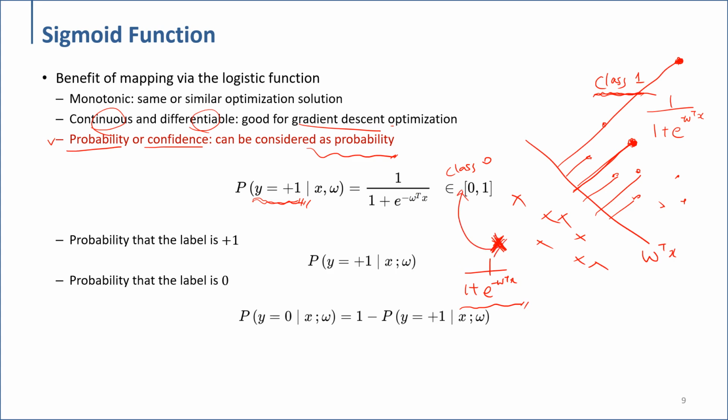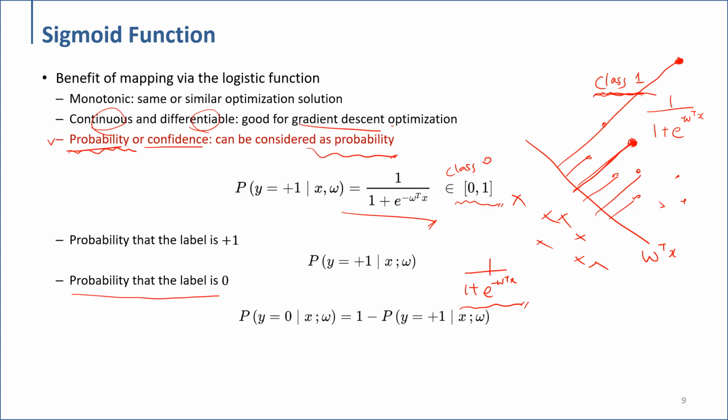That's the key advantage of using the sigmoid function. By using it, we can represent the data as a probability of being classified as class 0 or class 1. We know that probability ranges from 0 to 1, so the value can take this point.